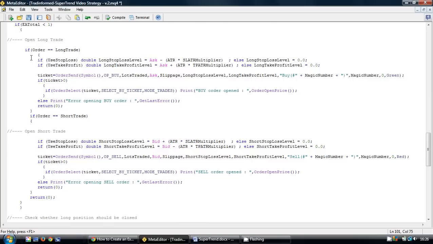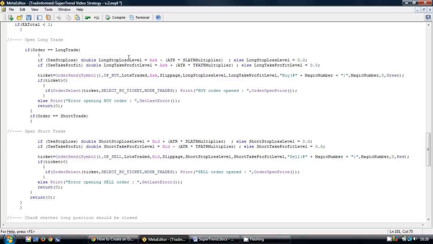Okay, so if the order which you set earlier is equal to long trade, we've gone through all the steps, we've passed all the hurdles, we want the expert advisor to go ahead and open a trade. We first of all look at if use stop loss. If we're going to use this stop loss that we've calculated, we're going to have to calculate what it is at this specific moment.